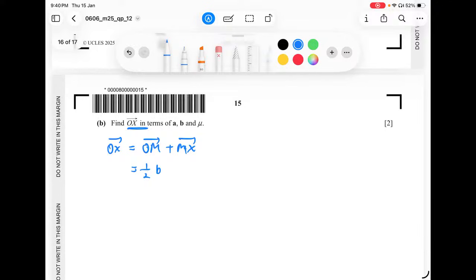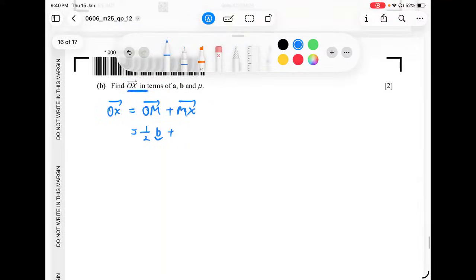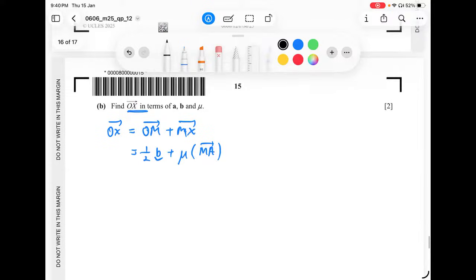It should be half B plus MX is mu of MA. So just telling the symbols if you don't understand, this is called lambda and this is called mu.